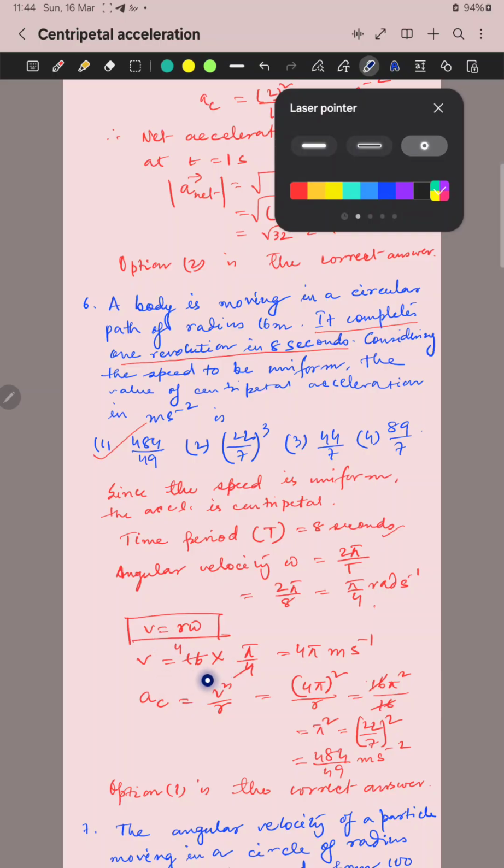V is 4 pi meter per second. From there, the centripetal acceleration V square by R is coming after substituting all the values of V and R, 484 by 49. So option 1 is the correct answer.